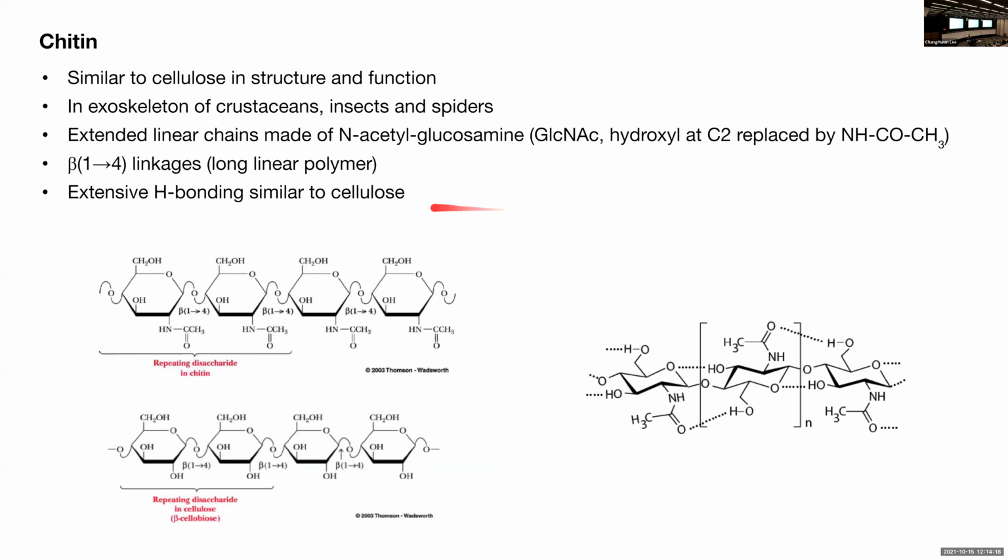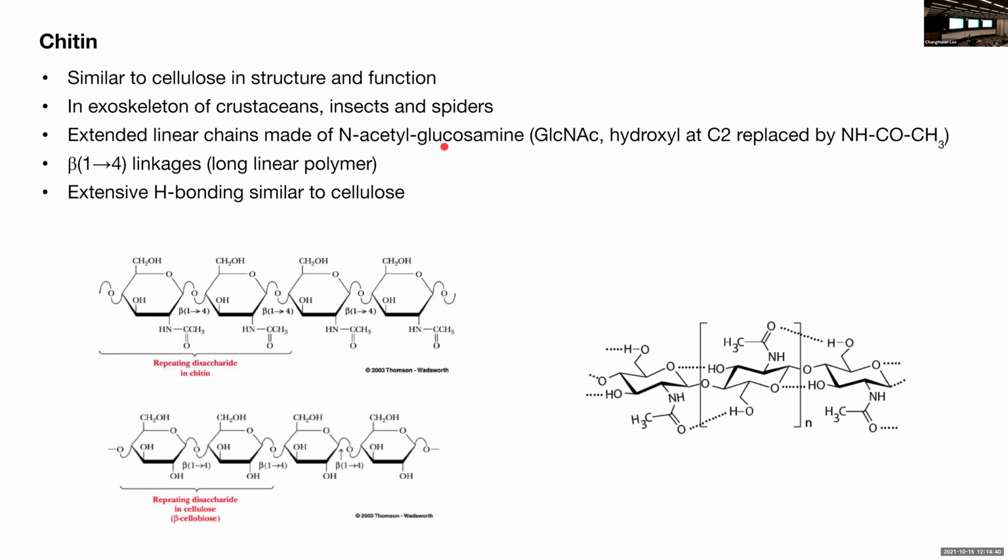Another one is chitin, which has a similar structure and function to cellulose. It's about making really strong structures and maintaining their integrity. You can see that a lot in the exoskeletons of crustaceans, insects, spiders, and so on.